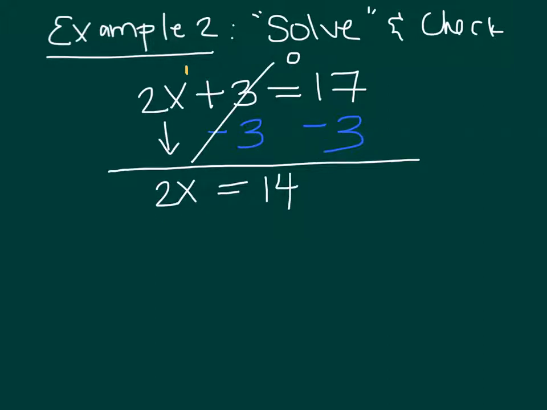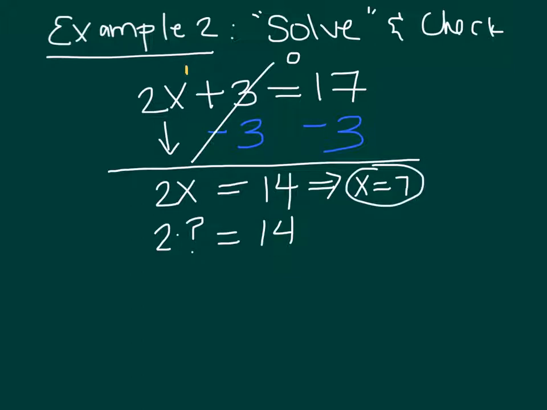So this is asking you, 2 times what number is 14? Well, 2 times 7 is 14. So if you know from here that 2 times what is 14, x is 7, that's completely fine.